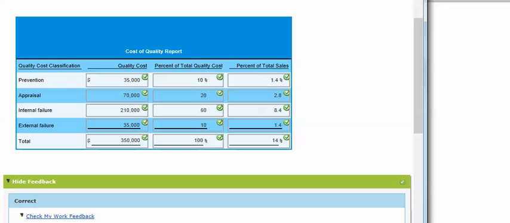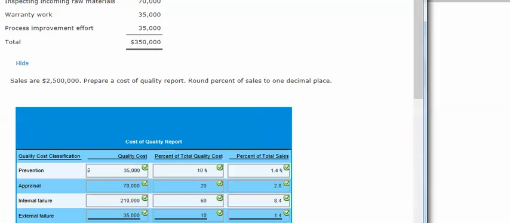Then we're going to look at this as a percentage of sales. It says our sales is 250,000. I'm sorry, 2,500,000. If we take the 35,000, divide it by 2,500,000, we'll have 1.4%.